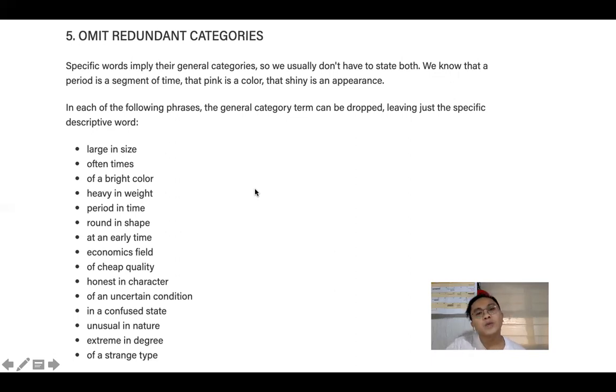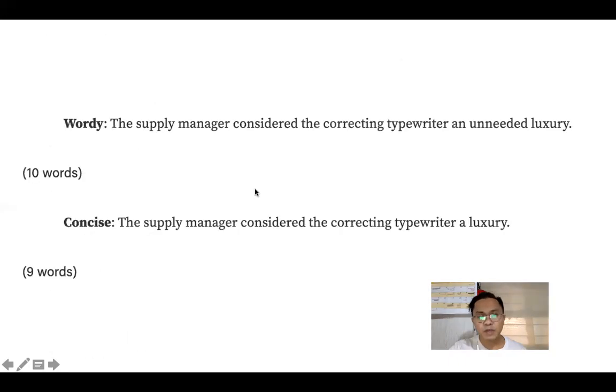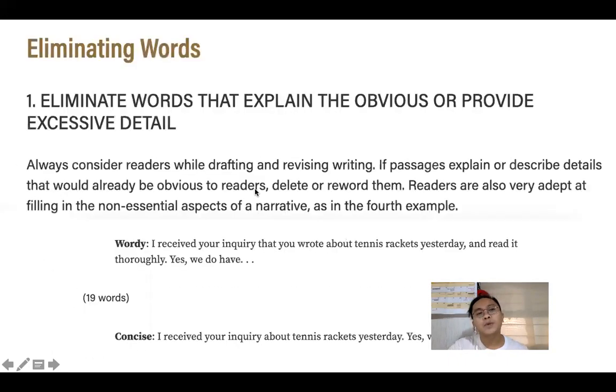So what you need to do is just omit the general category and just use the more specific descriptive word. So that's all. Those are just tips for you to avoid putting unnecessary words in your essays. So remember this, guys, mas maganda yung maiksi and straight to the point, concise.